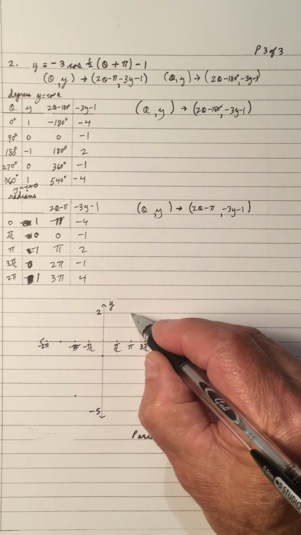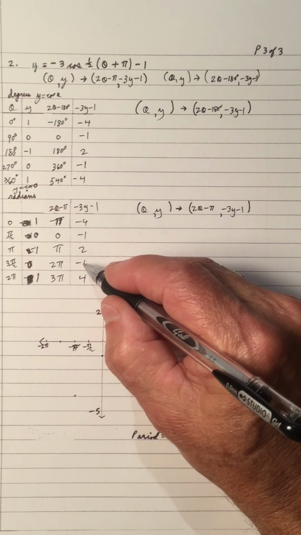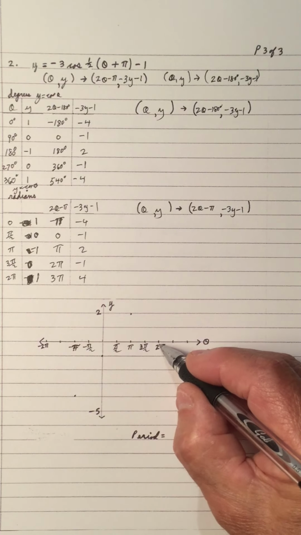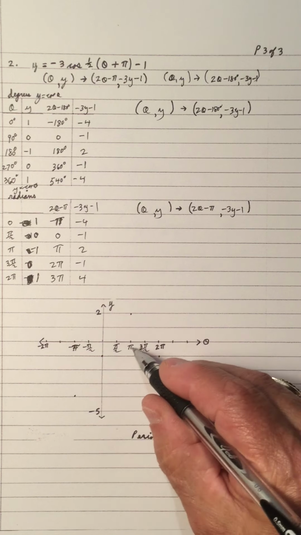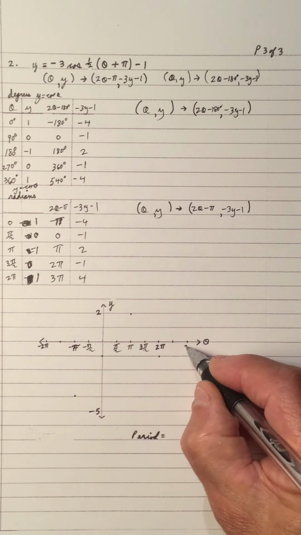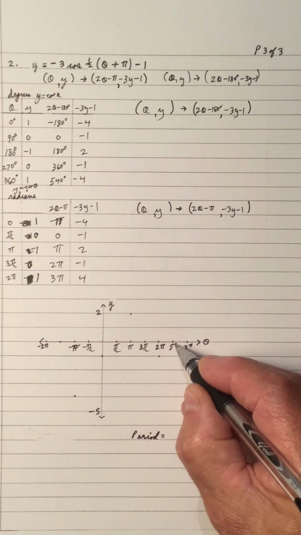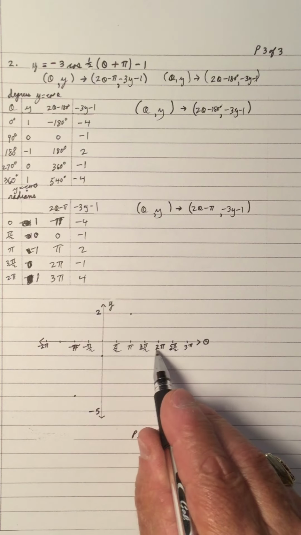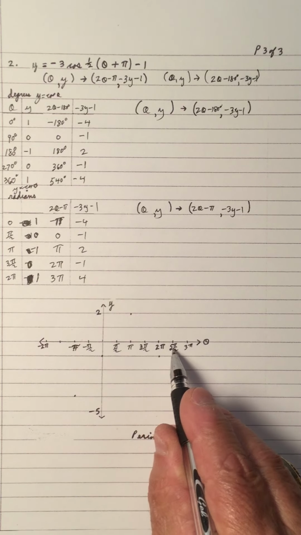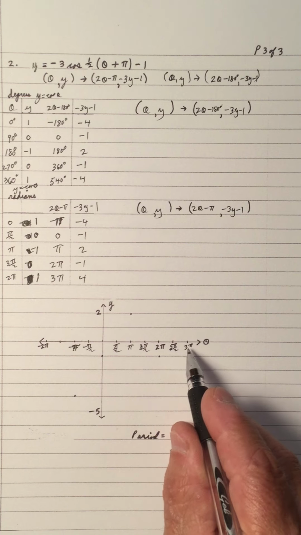And 2 pi is -1. So we're down back to -1. And that's pi, 2 pi. This is 3 pi. And this is 5 pi over 2. If you think about it, that's 360 add on 90, you get 5 pi over 2.